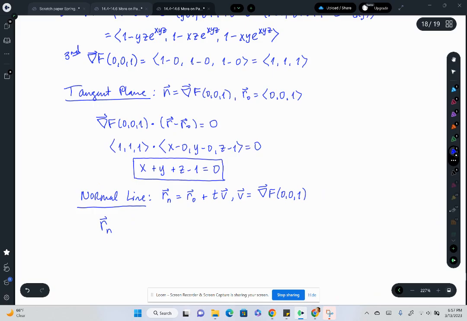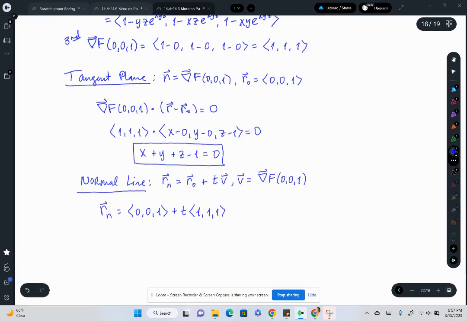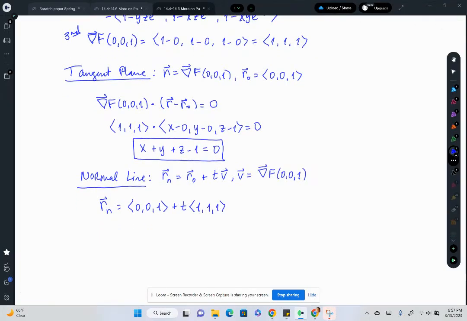So r sub n will equal r naught, which is 0, 0, 1, plus t times v, where v is the gradient vector with components 1, 1, 1. We combine these, and this will equal t, t, and t plus 1. That's the vector form of our normal line. That's it. Those are a couple of the things that we can do with the gradient vector.